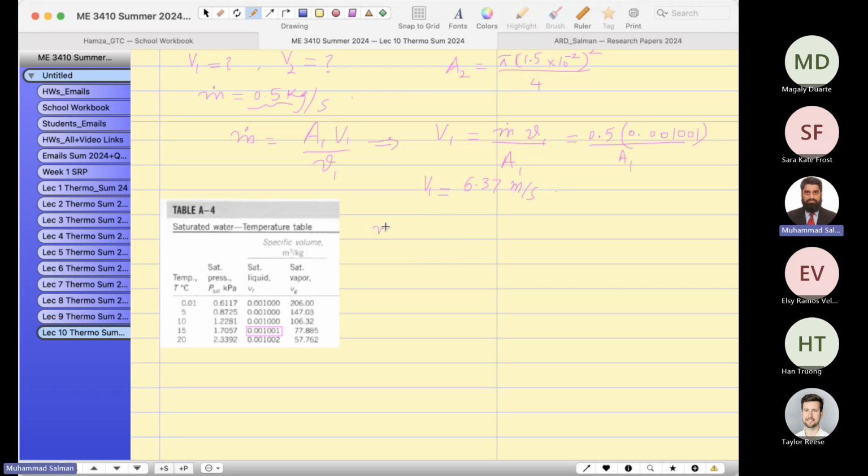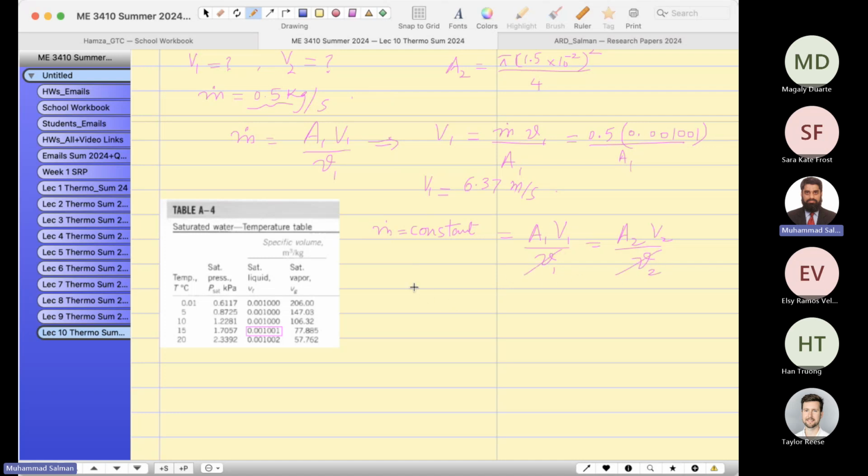And you know the m dot is constant. So area 1 times velocity v1 over specific volume v1 equals area 2 times velocity v2 over specific volume v2.